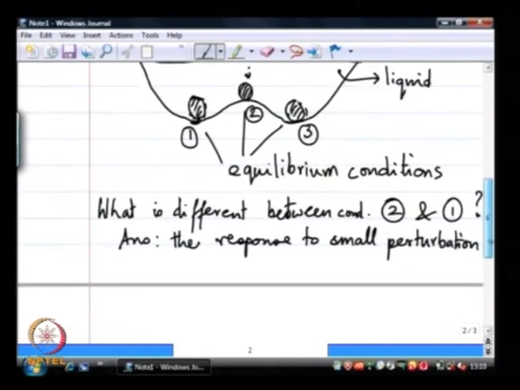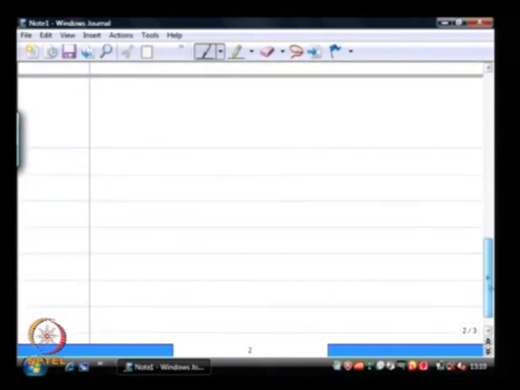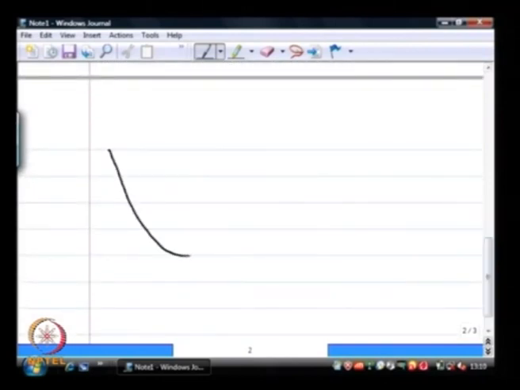If I took a ball at condition 1, and I will redraw the figure here just for clarity.